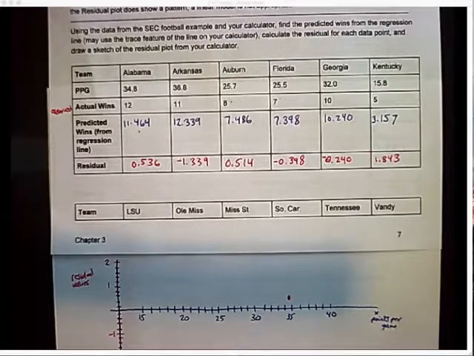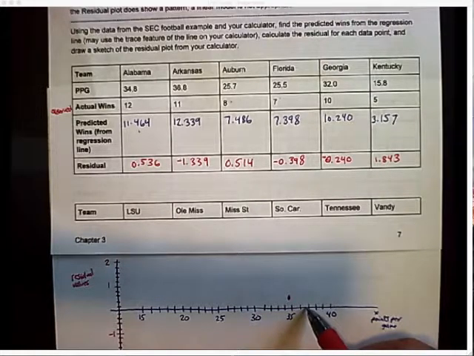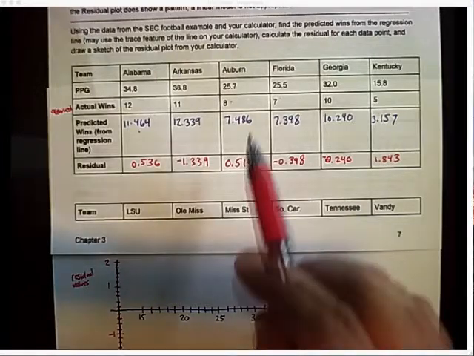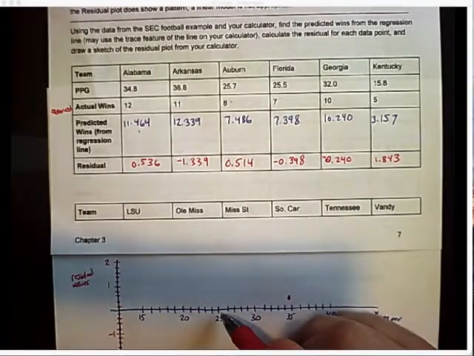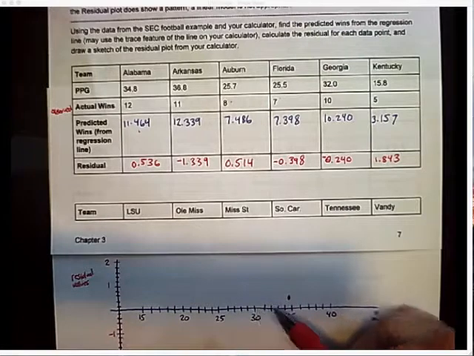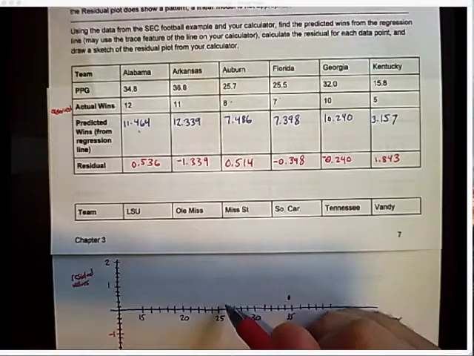Arkansas had 36.8, with a residual of about -1.3. So there's -1, 2, 3. You could keep going. Auburn 25.7, residual of 0.514. So that's about right there.